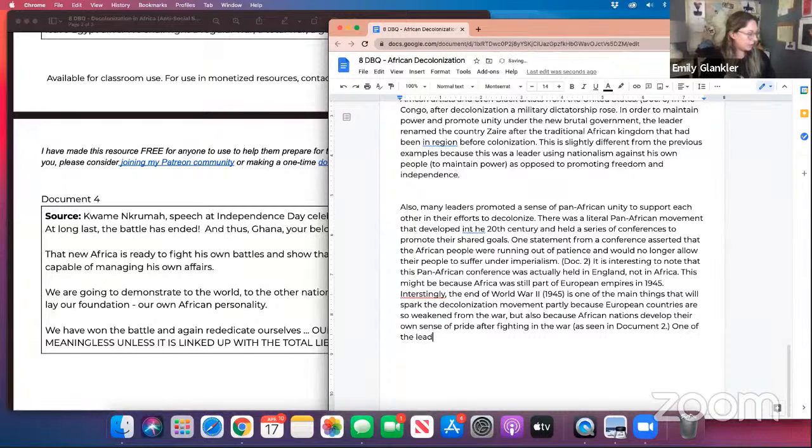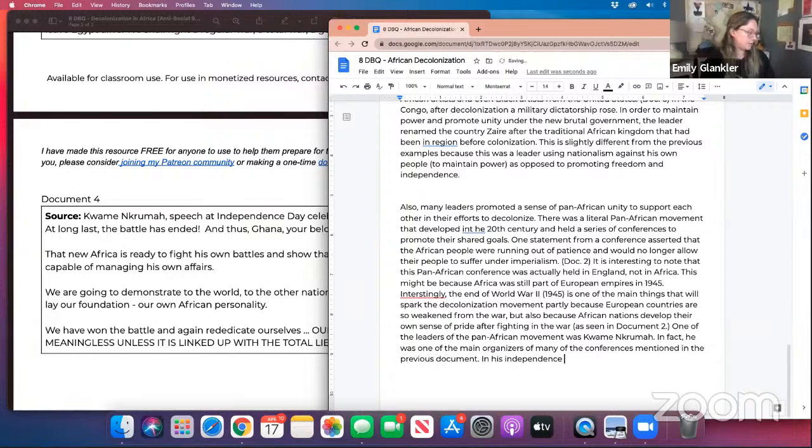One of the leaders of the Pan-African movement was Kwame Nkrumah. In fact, and this is information I know, he was one of the main organizers of many of the conferences mentioned in the previous document.